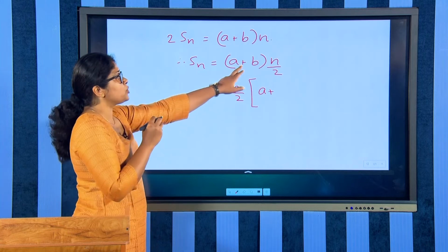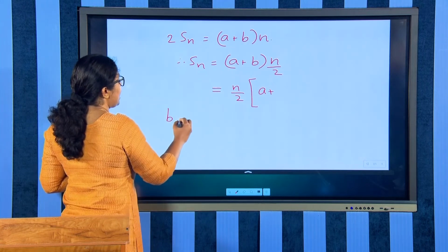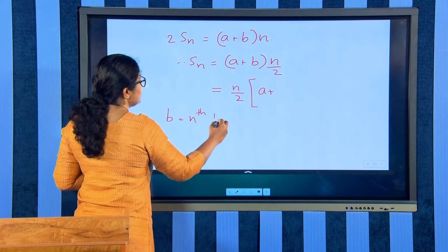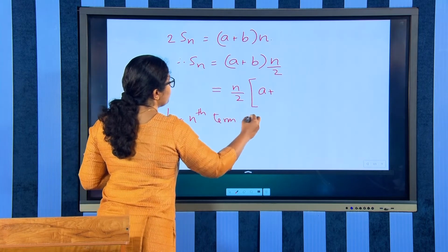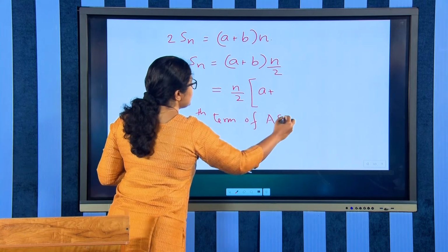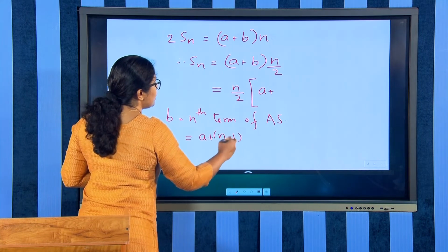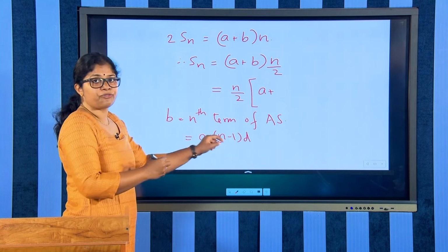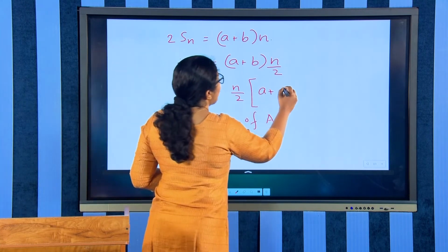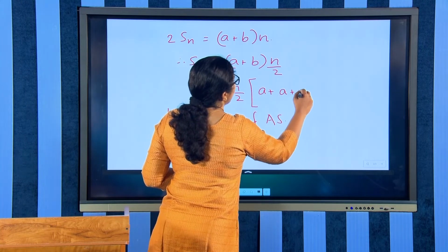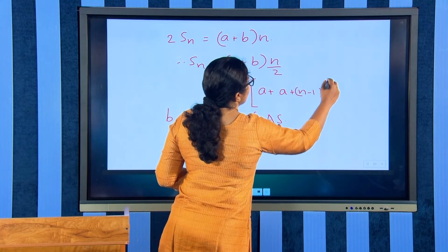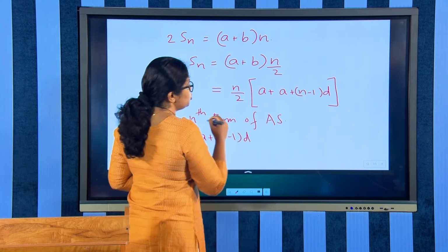Now, what was actually b? b was the nth term of the arithmetic series, which is given by a plus (n minus 1) times d. Therefore, we will be getting a plus a plus (n minus 1) times d. So, how many a's are we getting? 2a.